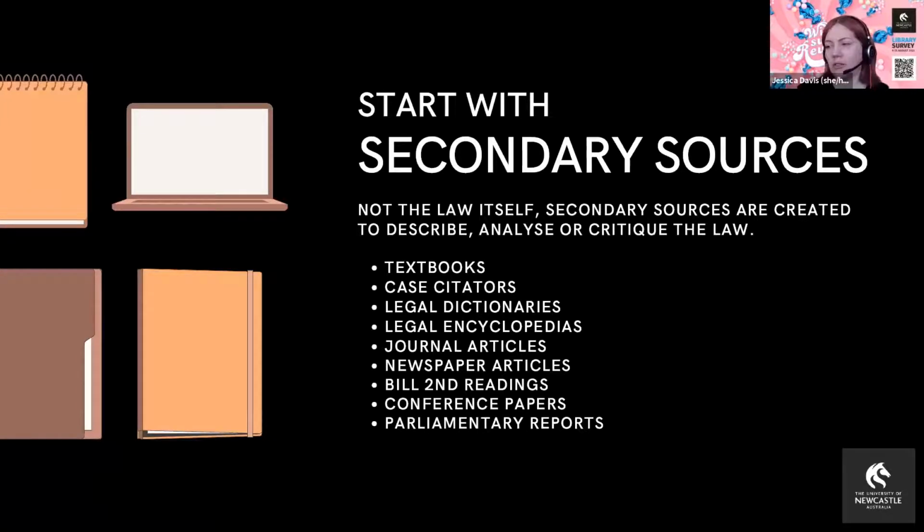Quite often, they will also reference or provide links to the primary sources on your topic. Some examples of these types of sources are textbooks, case citators, which we'll have a look at in further detail in this session, legal dictionaries, legal encyclopedias, journal articles, newspaper articles, bill second readings, conference papers, and parliamentary reports.